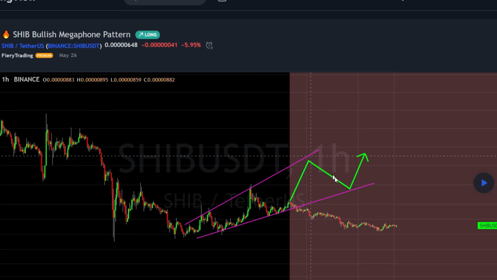However, it could have played out the other way. That's just the nature of these things, hence why you've got to wait for confirmation. As you can see, it came back, it retested here, and this is where I would have entered, and just followed this all the way down here.